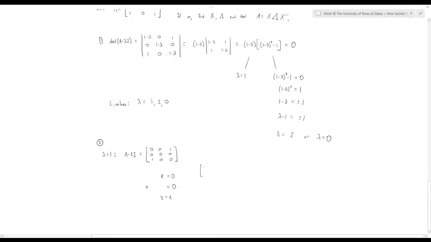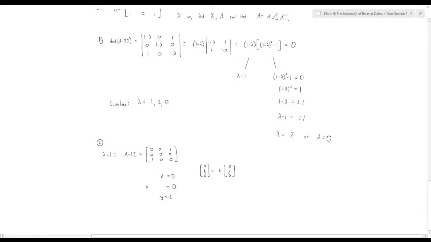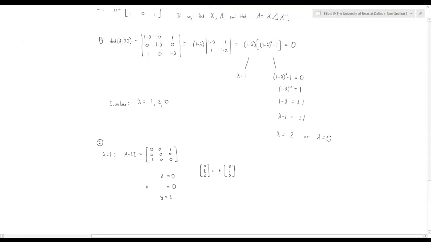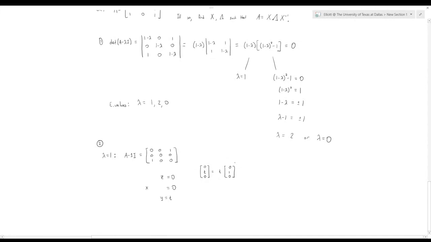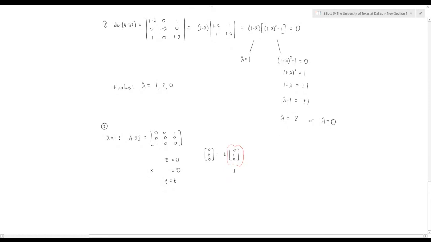So that's going to give you like a 0, t, 0 for the eigenspace, or if you factor out the t, 0, 1, 0 would be like the basis for the corresponding eigenspace. And for the purpose of diagonalization, we only need the basis for each of the eigenspaces. So let's make a note that we have the eigenvector 0, 1, 0 for lambda equals 1.